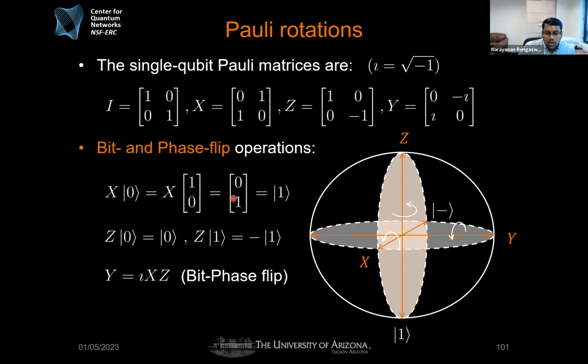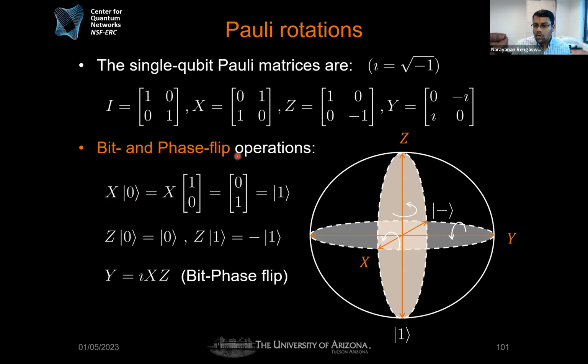Now we can apply what we have just seen to the standard computational basis states. If you take the ket 0 state and apply X, it flips it to 1. You can just do simple matrix-vector multiplication. You have X here, and you multiply it by (1, 0). Remember, these are all interpreted as complex matrices.